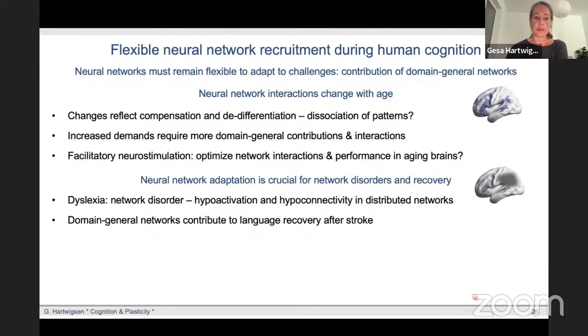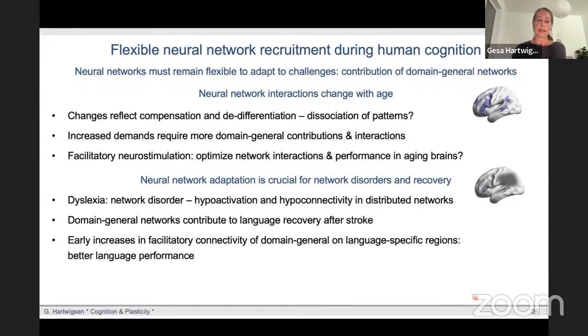We see that domain general networks contribute to language recovery after stroke, which is super interesting. And especially a new finding now is that early increases in the facilitatory connectivity of domain general on language-specific regions is associated with better preserved language performance.